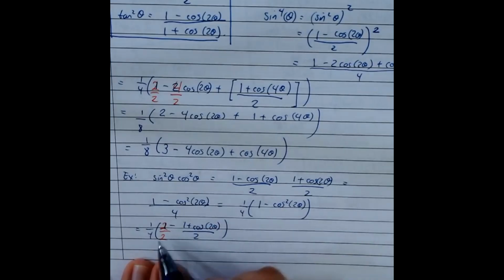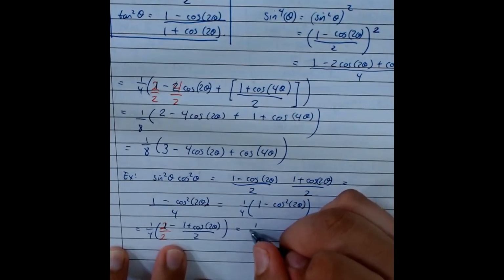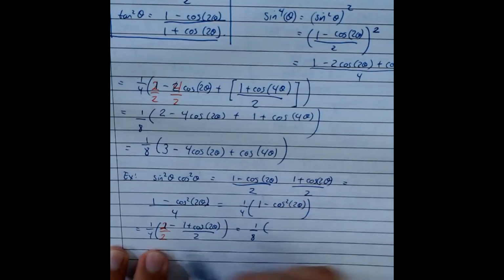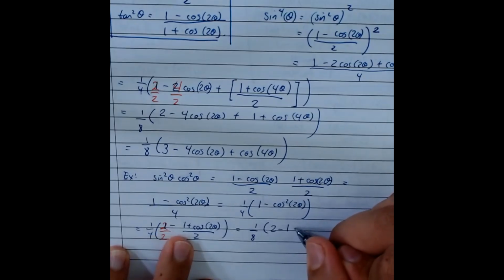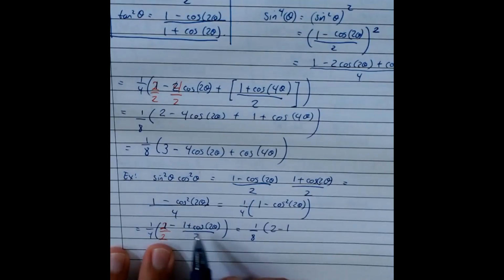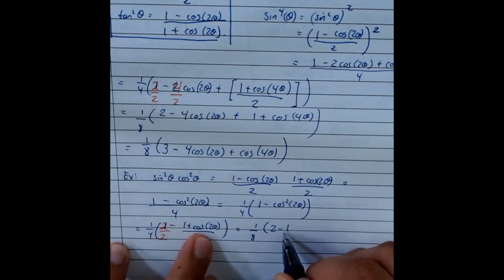And so now the common factor of 2 in our denominator can be factored out. So 1/4 times the 1/2 we factored out, that's 1/8, times, well, we factor out the denominator, so that leaves us 2 minus 1. Here, this minus is going to have to distribute to both of these, right? After all, you're subtracting the whole thing, so the minus will distribute. So this gives us 2 minus 1 minus cosine of 2 theta.